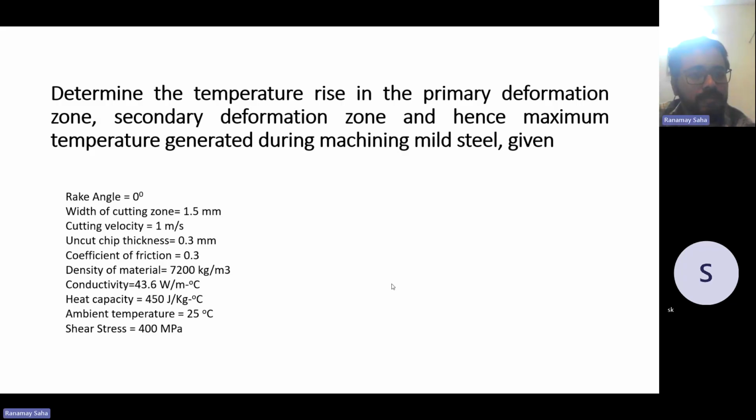We'll look into the solution to this question right away. As I discussed, the question asks you to find the temperature rise in the primary deformation zone and the secondary deformation zone, and the maximum temperature generated. Find out the heat generation first in both the zones, and then the temperature rise will come up.